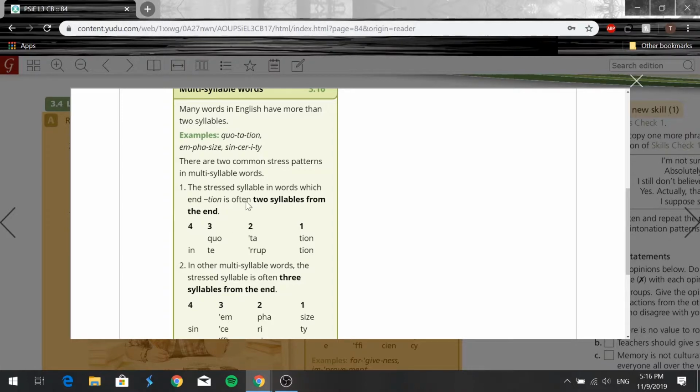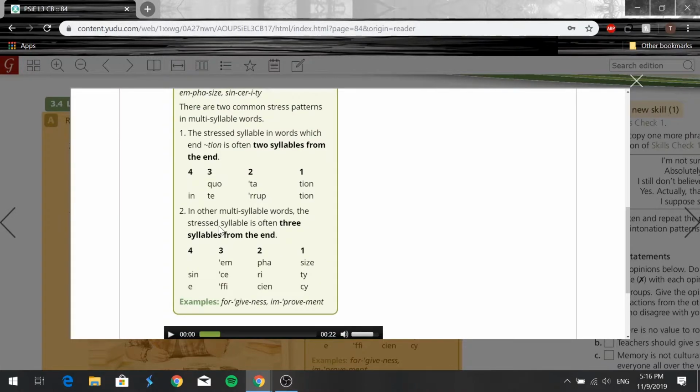What I mean is that the stressed syllable, the syllable that has the stress on it, is often 2 syllables away from the end. So again, quotation and interruption. Now, other multi-syllable words, not the ones that end in tion, the stressed syllable is often 3 syllables from the end and not 2.